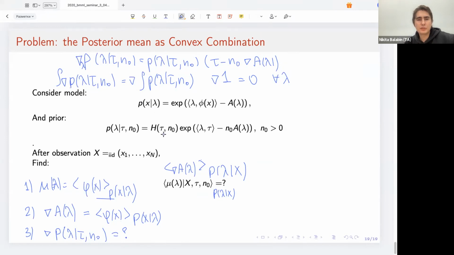The gradient is about lambda, but we integrate not with respect to lambda, but with respect to other parameters. Okay, maybe my solution is not wrong.